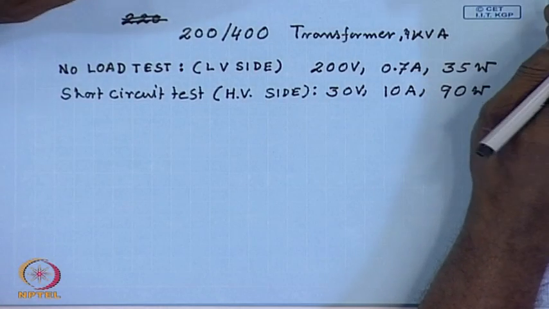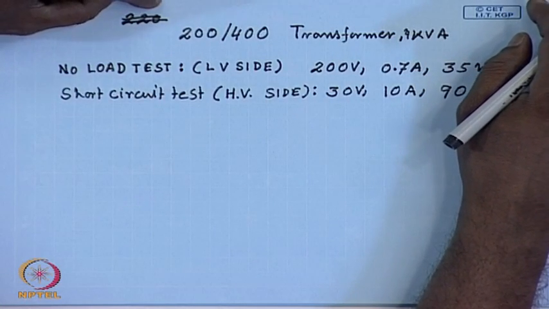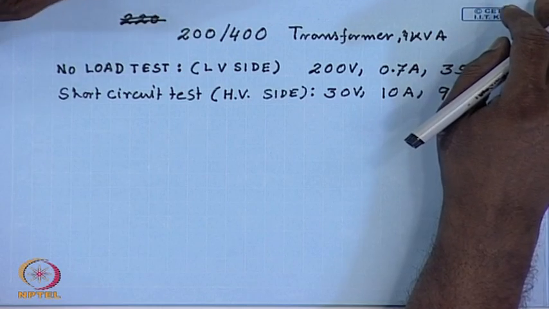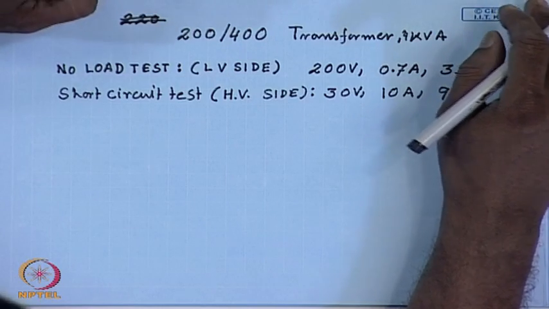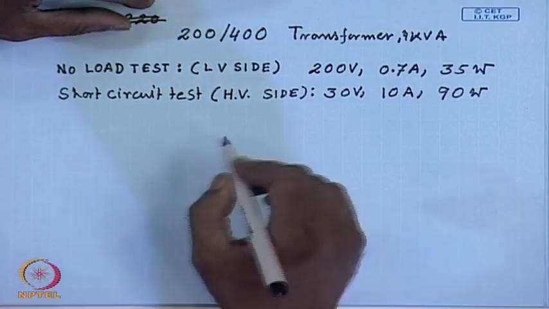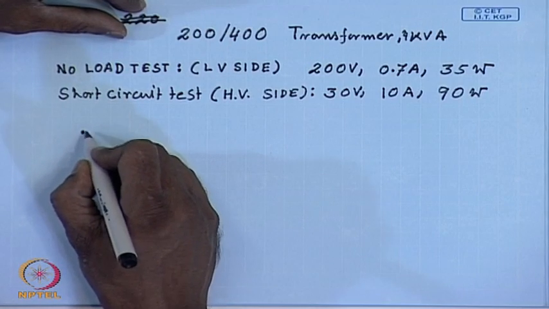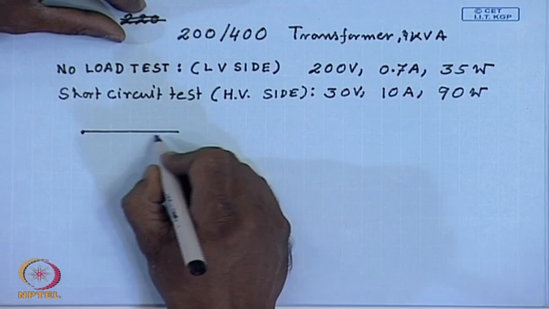How do I find out the equivalent circuit parameters of this transformer? Then at no load, the approximate equivalent circuit of the transformer looks like this.